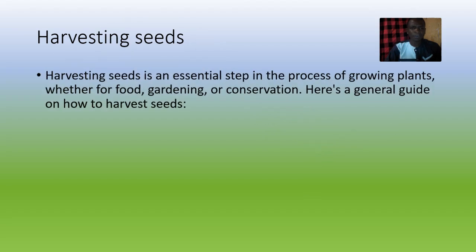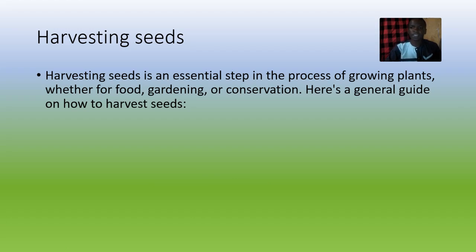Then harvesting seeds. We often go for harvesting when the plants are ready to be harvested. Harvesting seeds is an essential step in the process of growing plants, whether for food, gardening, or conservation.